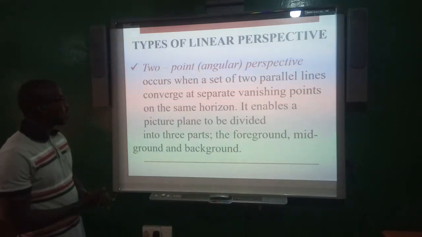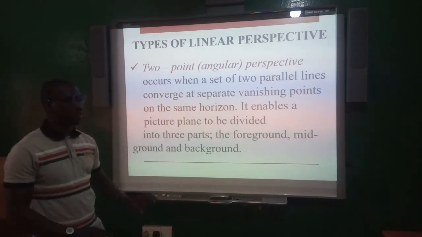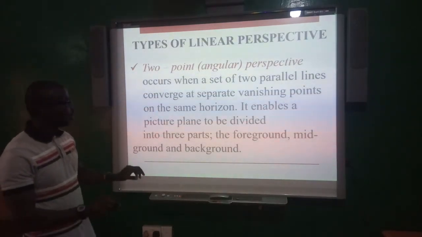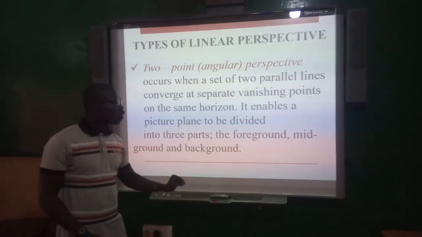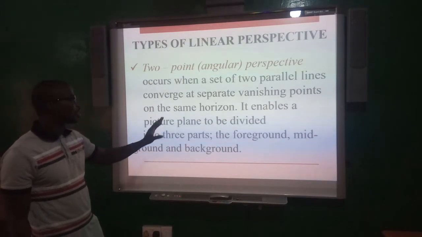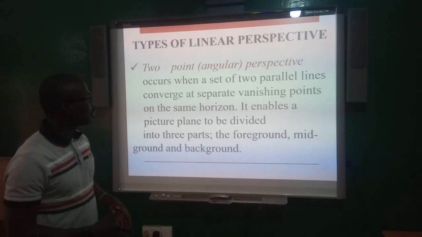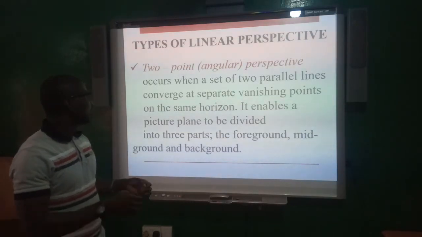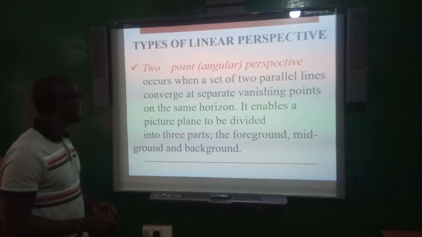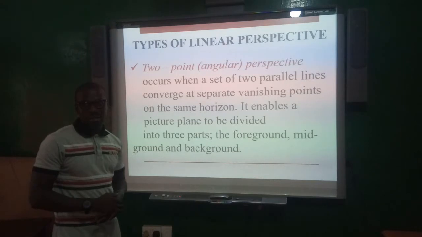Now it occurs when a set of two parallel lines converge at separate vanishing points on the same horizon. We take it for the last time: it occurs when a set of two parallel lines converge at separate vanishing points on the same horizon.